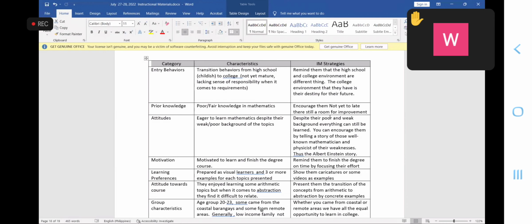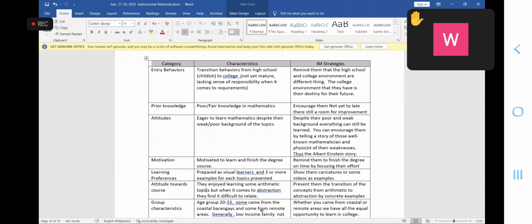That is my IM strategy. Attitude towards scores: they enjoyed learning some arithmetic, but when it comes to abstraction, like abstract algebra and linear algebra, they find it difficult to relate.